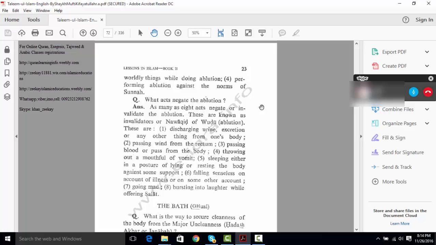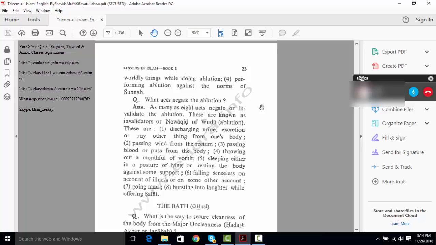Number five, sleeping either in a posture of lying or resting the body against some support. If you have slept and your body is resting with some support, then it will invalidate your ablution.